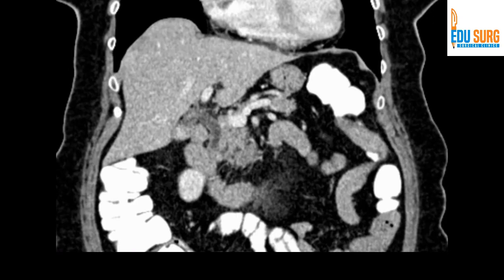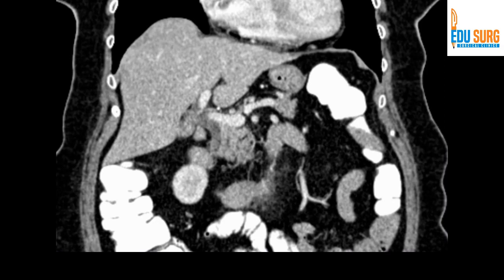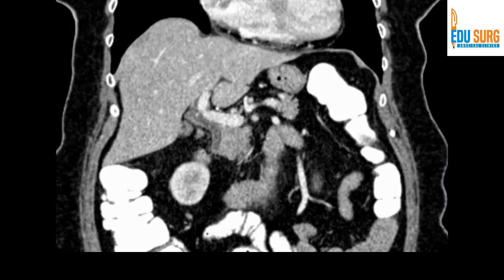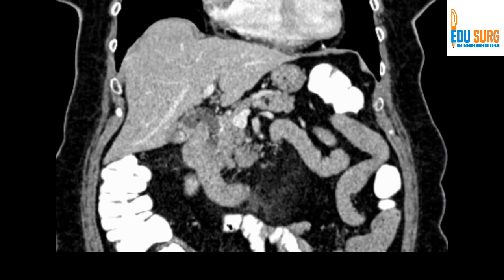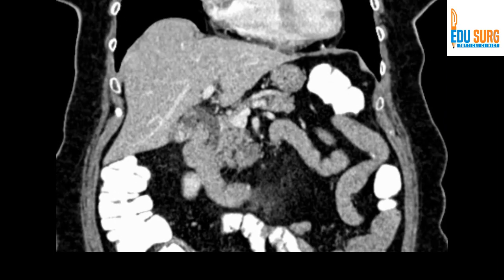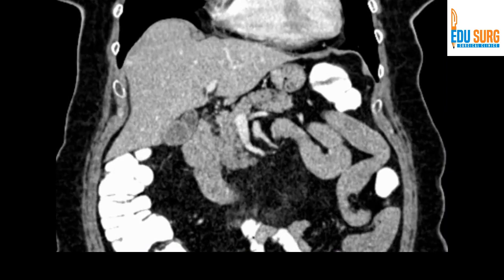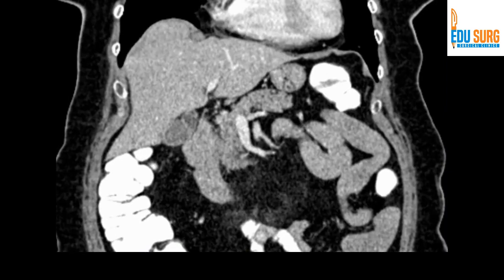So these are predominantly the structures that we see in these cases. Another thing that we have to see is the relations of these vessels, but that we will see in our discussion on pancreatic anatomy in detail.